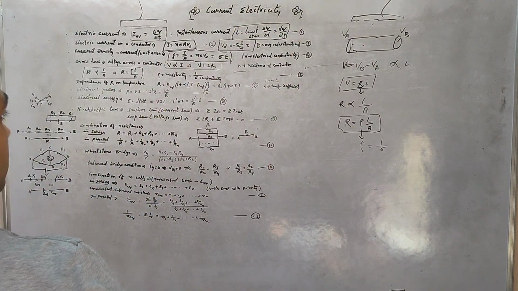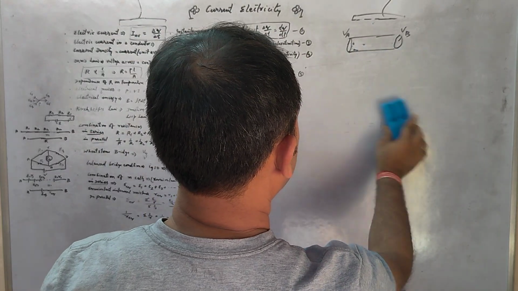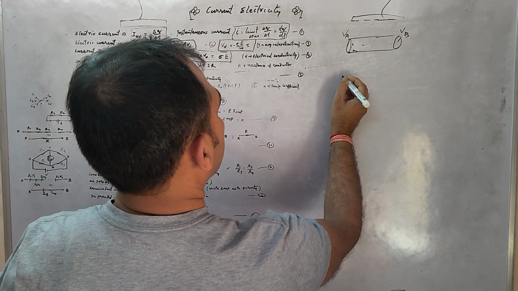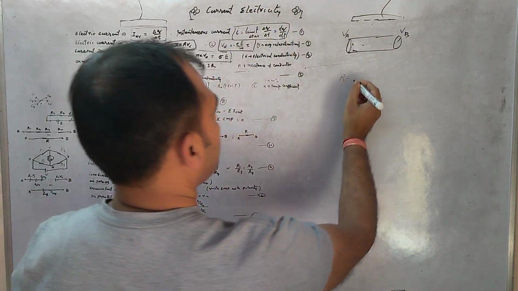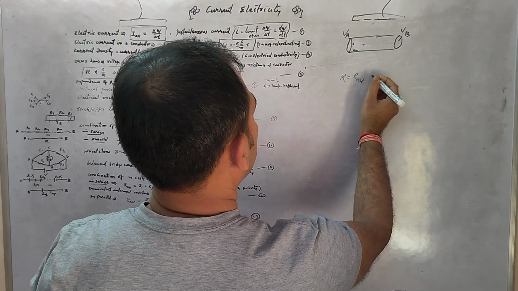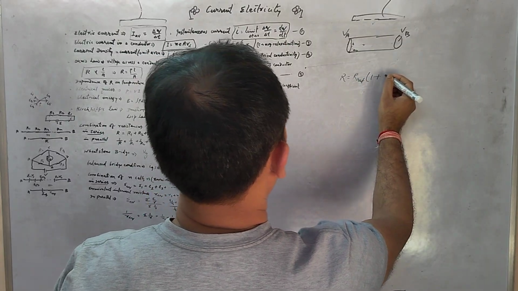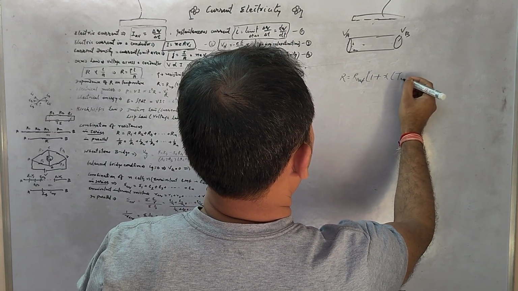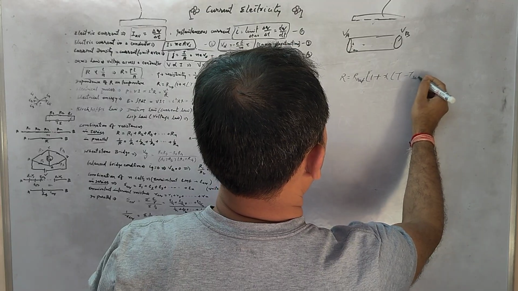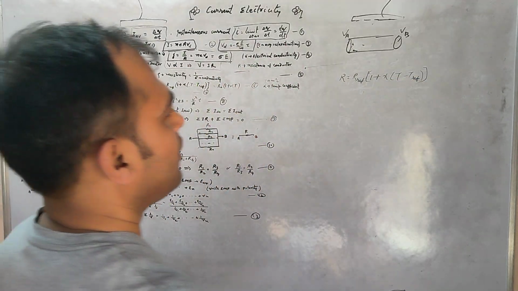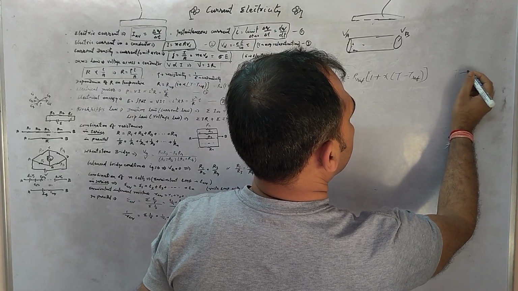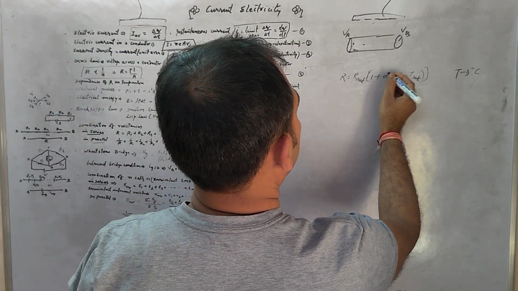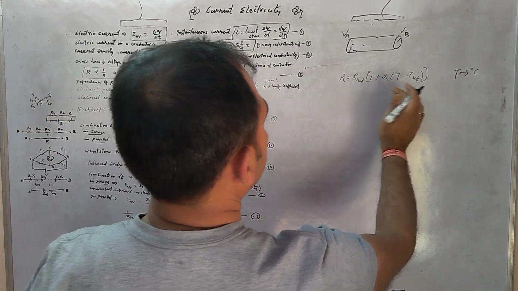Now dependence of R on temperature, let us see. R will be equal to R reference into 1 plus alpha delta T, that is T minus T reference, where T is in degree centigrade and this alpha is temperature coefficient.